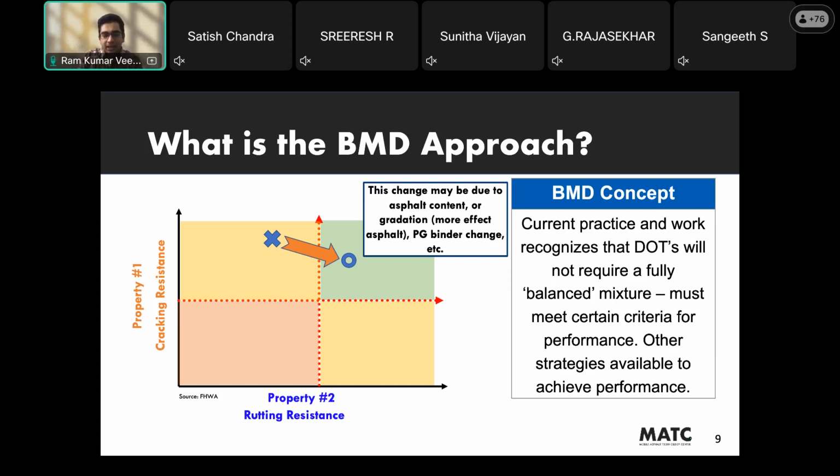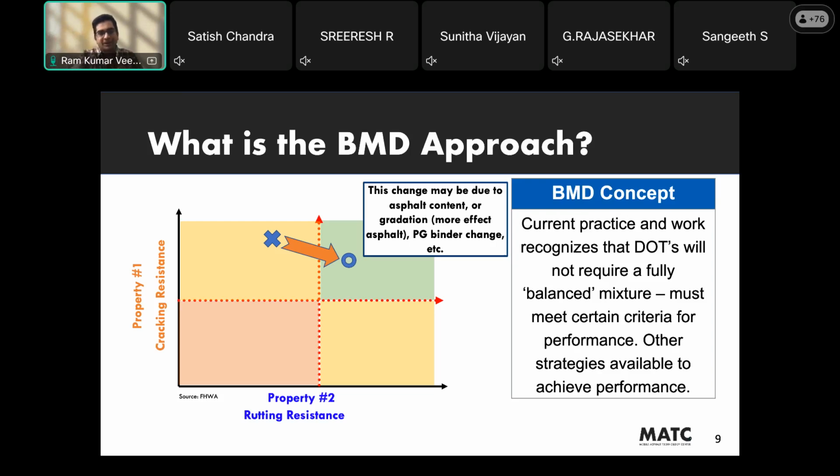And so for example, if you take a mixture, each of these mixtures would meet the volumetric criteria, but may not perform equally.